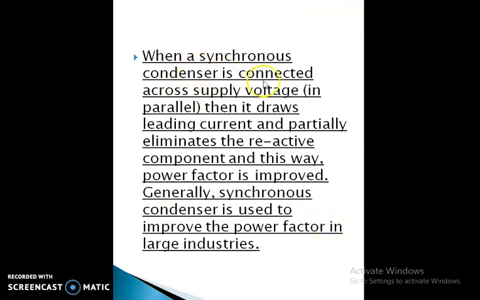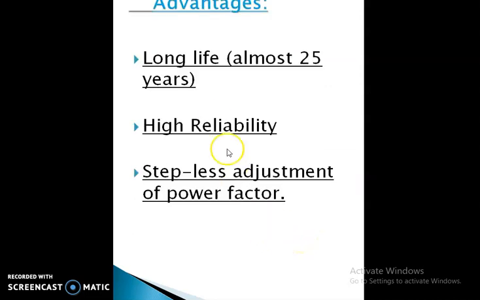When a synchronous condenser is connected across the supply voltage in parallel, it draws leading current and partially eliminates the reactive component, and in this way power factor is improved. Generally, a synchronous condenser is used to improve the power factor in large industries.